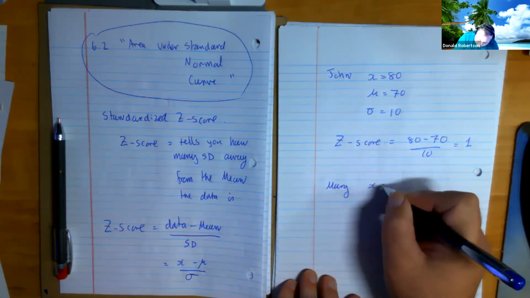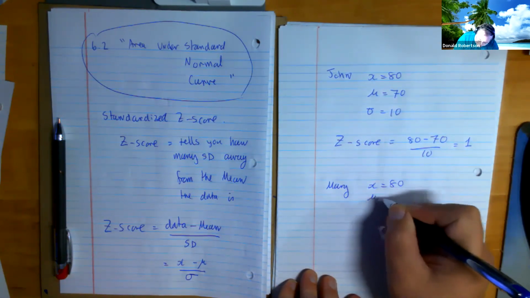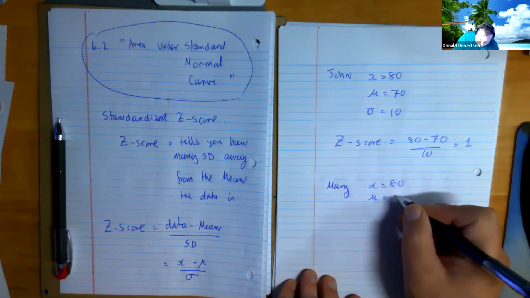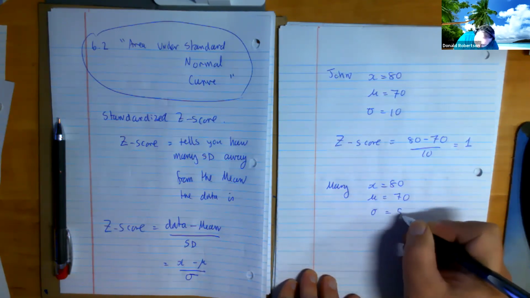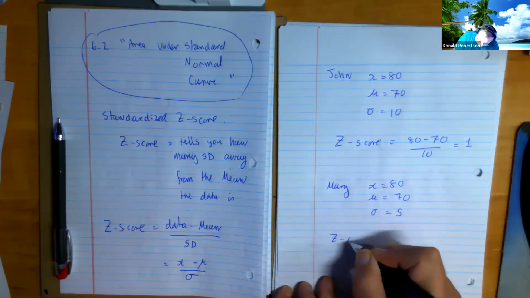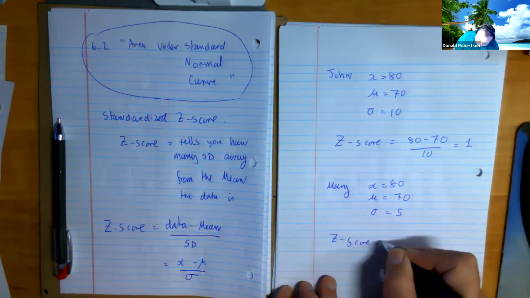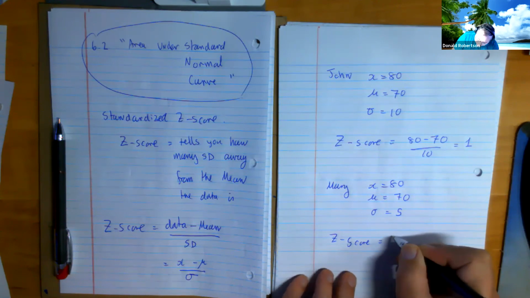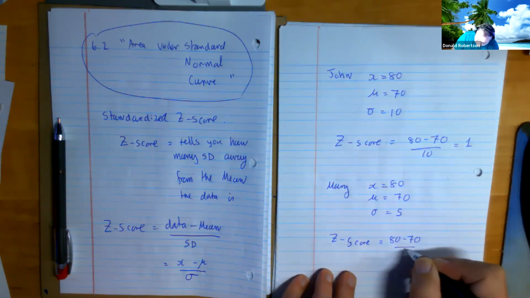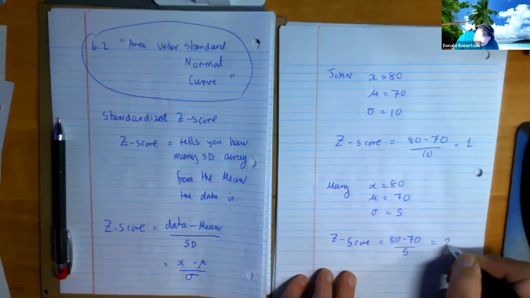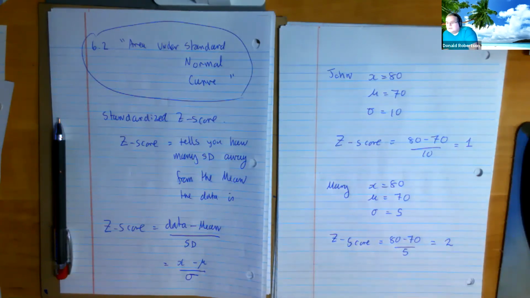Let's see what Mary looks like. Well, she had a score of 80, but her standard deviation was 5. So when we get her z-score, we get 80 take away 70 divided by 5, and we get 2, which means that she's 2 standard deviations away from the mean.